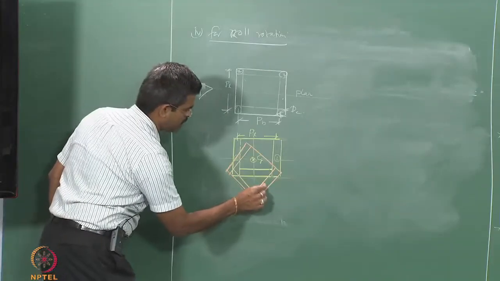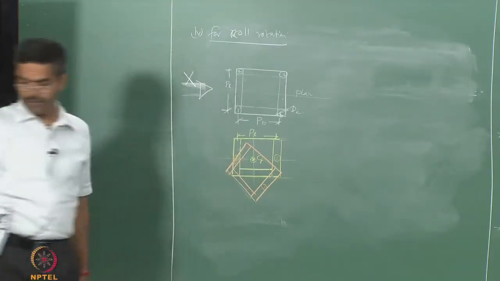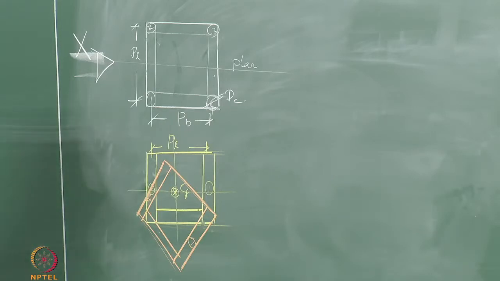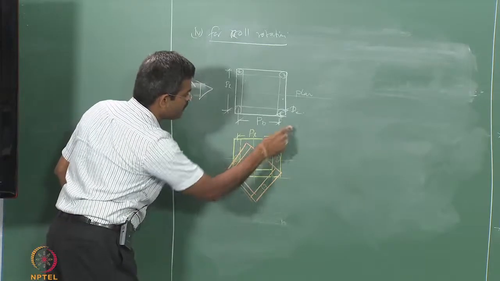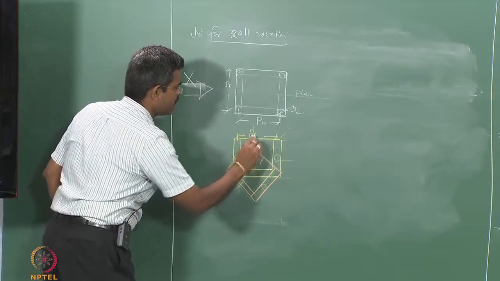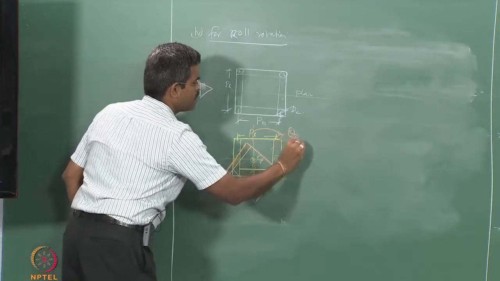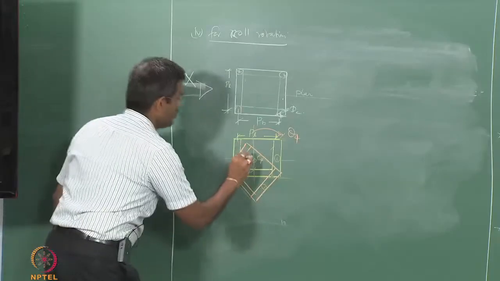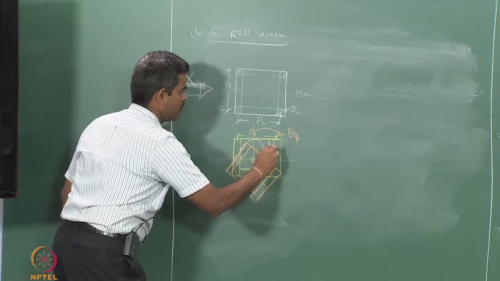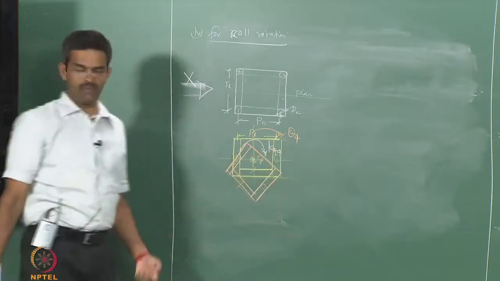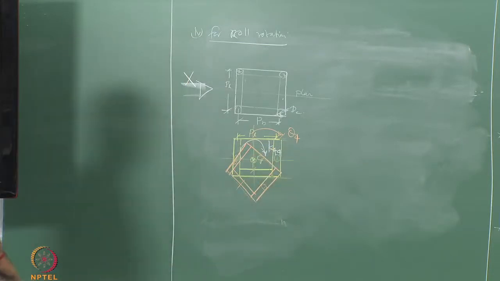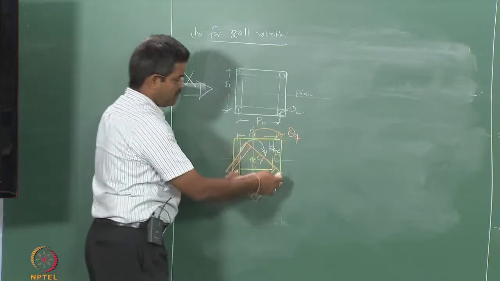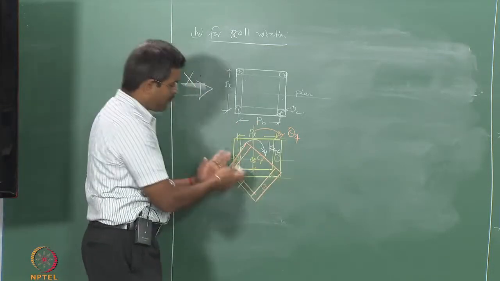This is 1, this is 2. So let us say this is my CG. I call this angle theta 4. So K44 will be responsible for this theta 4.